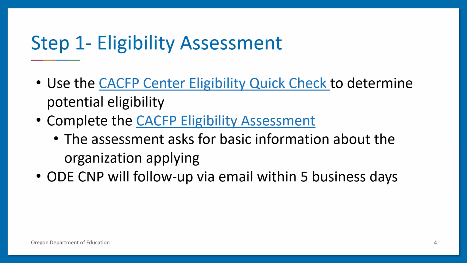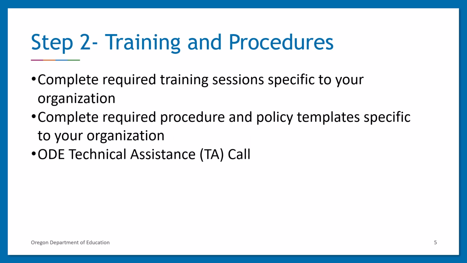These financial documents and information will be reviewed by ODE-CNP in order to determine if you are eligible to proceed with the CACFP application process. Once an organization is determined to be eligible to apply for CACFP, they will be contacted by ODE-CNP to move on to the second step of the application process.